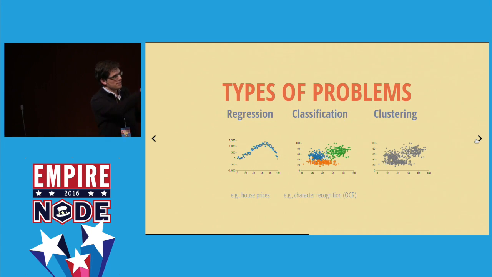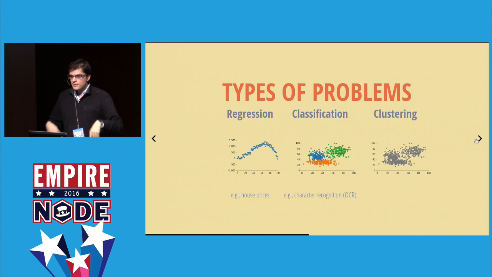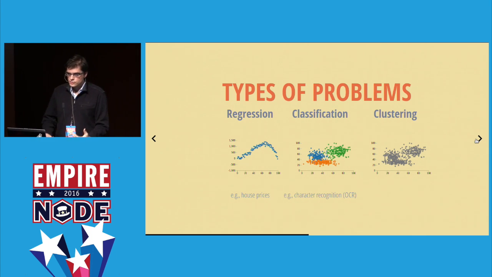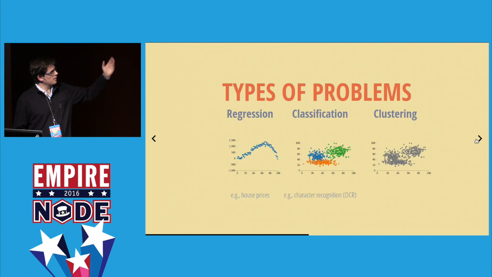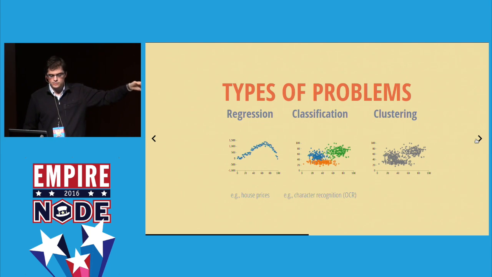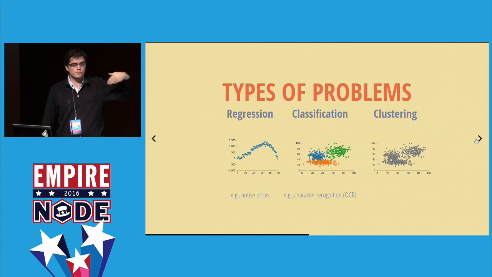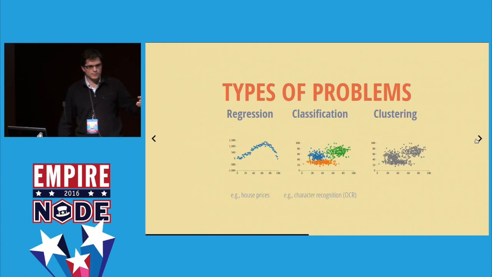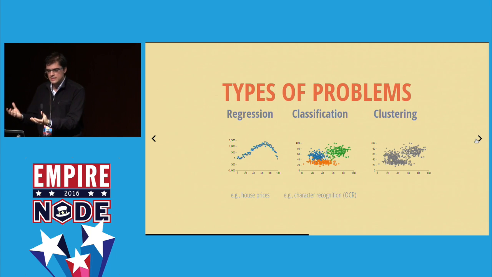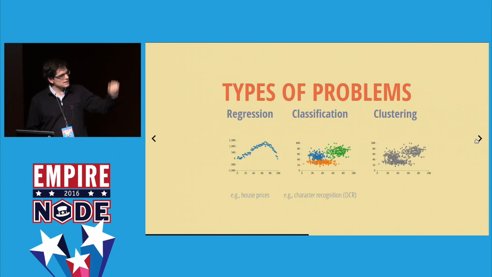It might be in the upper right and then the lower left corner. But it's not something we can as easily evaluate. And the methods which are used for clustering are actually very different compared to regression and classification methods. So the first two are usually also called supervised methods, because they require that we know what the outcome is and that we have some data with the outcome. Whereas clustering is called an unsupervised learning method.